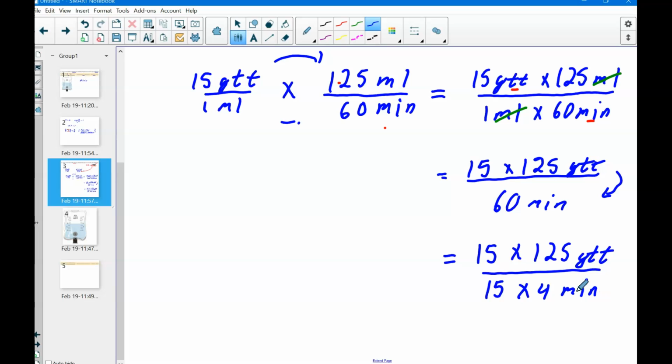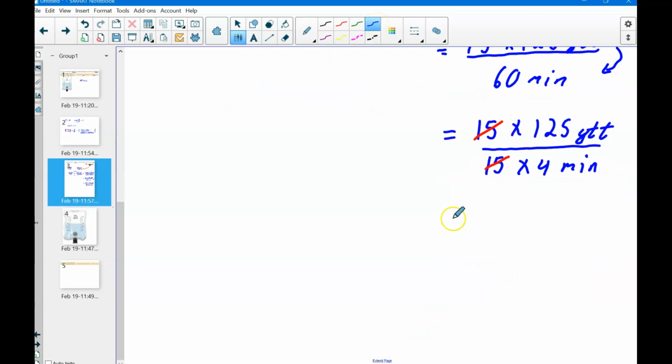Now you'll see a 15 on the top, 15 on the bottom. We can do this. That can go and that can go. And all this big mess finally breaks down into 125 over 4 GTT per minute.